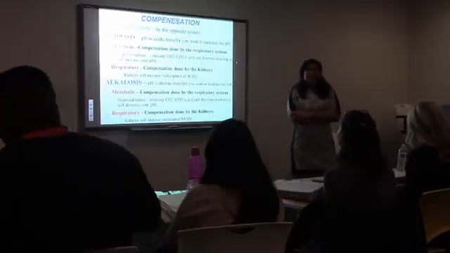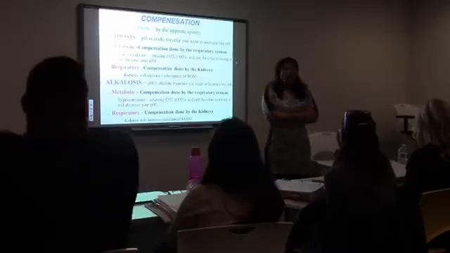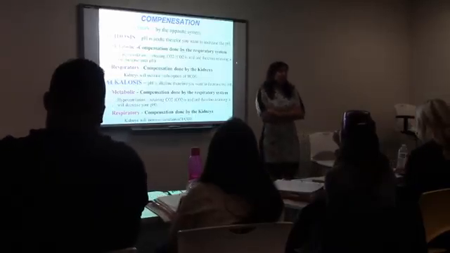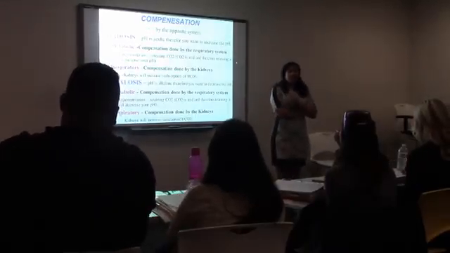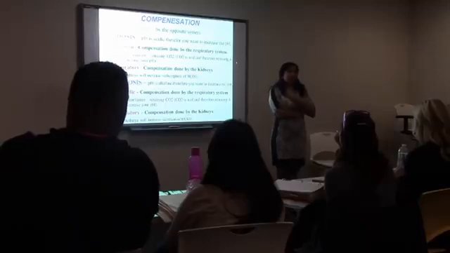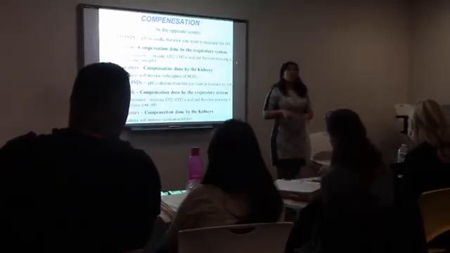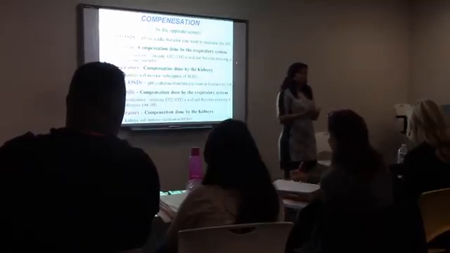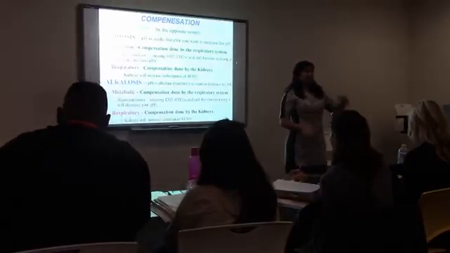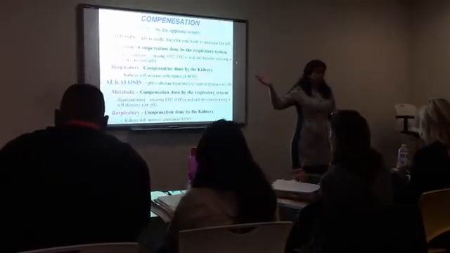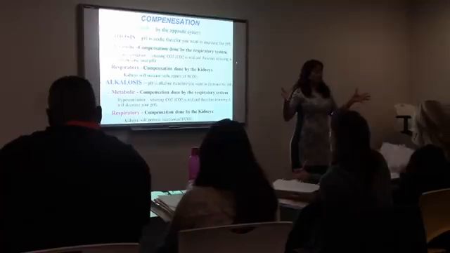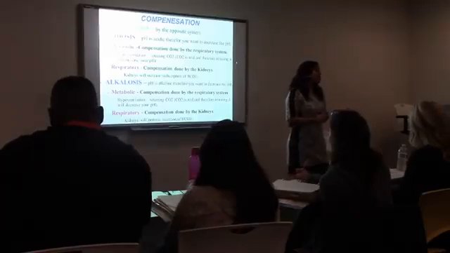Now, compensation. Compensation is basically a way to bring your pH back towards normal. Your body compensates anytime there's a disturbance, anytime you become acidic or alkaline. Your pH will try to come back to normal, and that is called compensation.